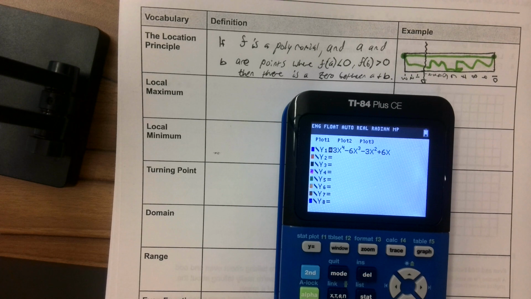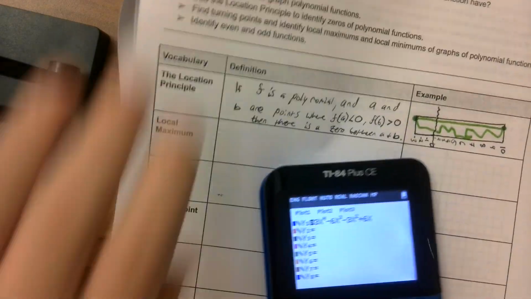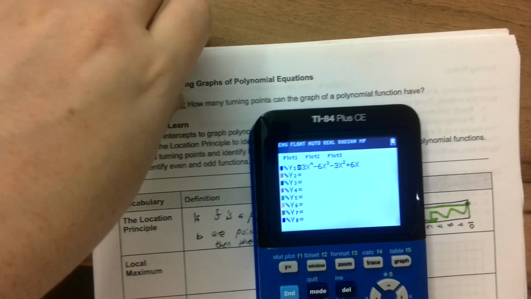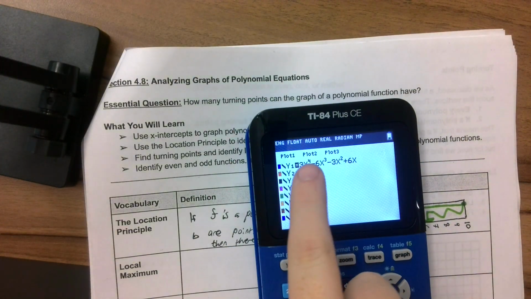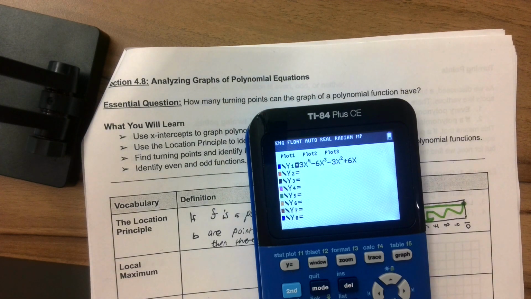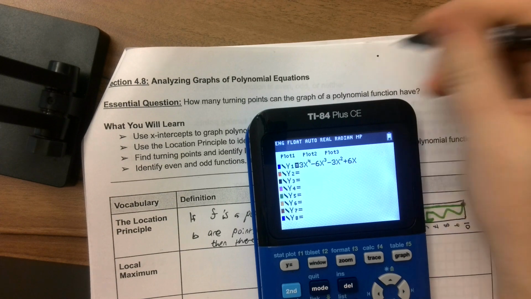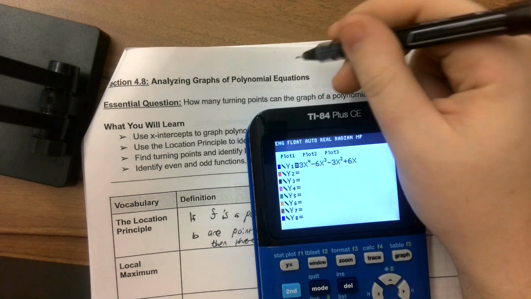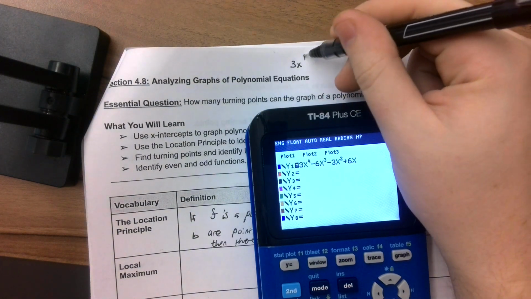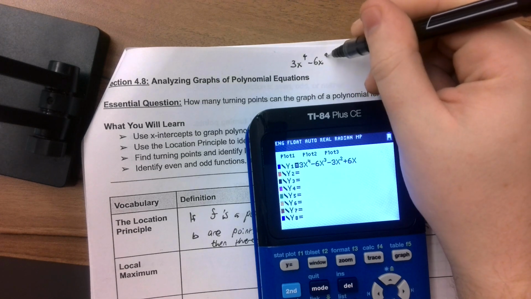Before I click the graph button, what do we know about this graph? What do we know it's going to look like? Well, let's jot down a couple of things up here. First off, the degree is 4. What does a degree of 4 tell you? Do you remember from Unit 1? If your degree is even, we know that it's going to give us a lumpy parabola.